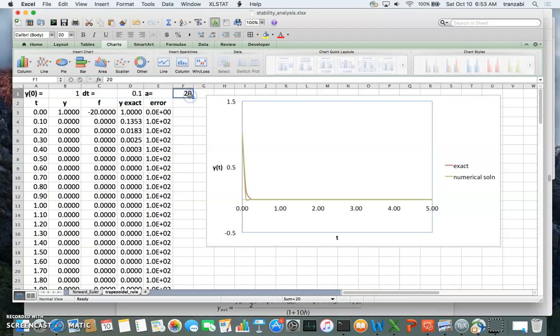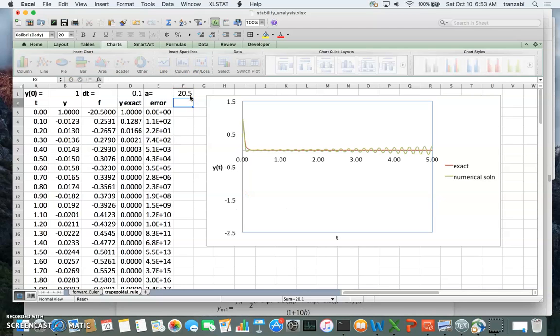Let's go to maybe 20.1. Well, not so much. 20.5. And you see the oscillations start growing. This is just slightly above a times dt equal 2. Slightly above that, you see that the solution becomes unstable.